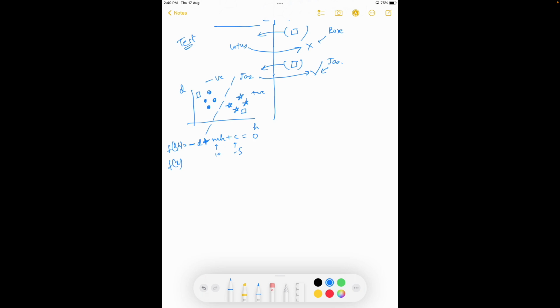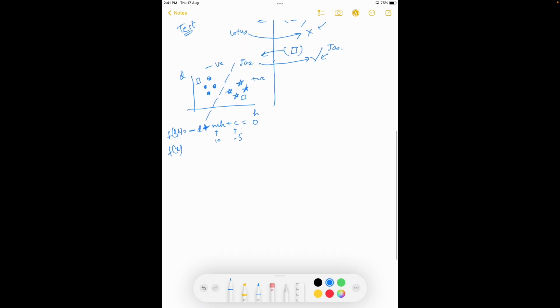But if you take c as +5, then this line will change. Your line will move here. Because the coefficient of d is fixed, the whole thing's sign becomes fixed. If I would have said m1, m2, and c, then certainly you can choose the sign. It had that degree of freedom, but right now it doesn't.